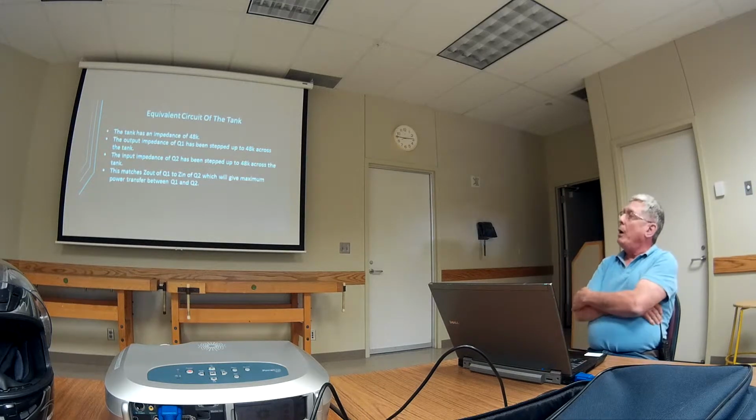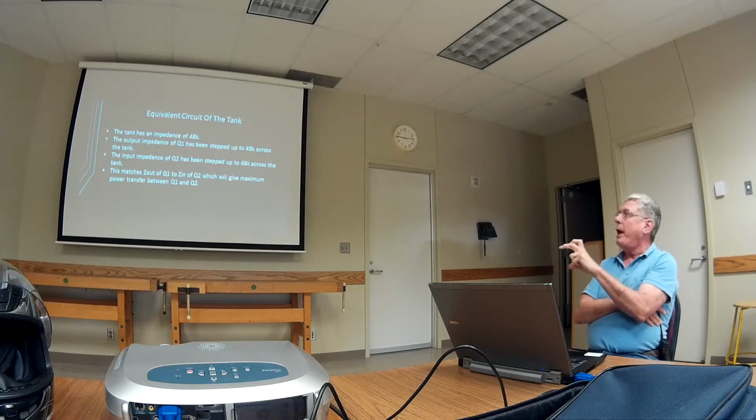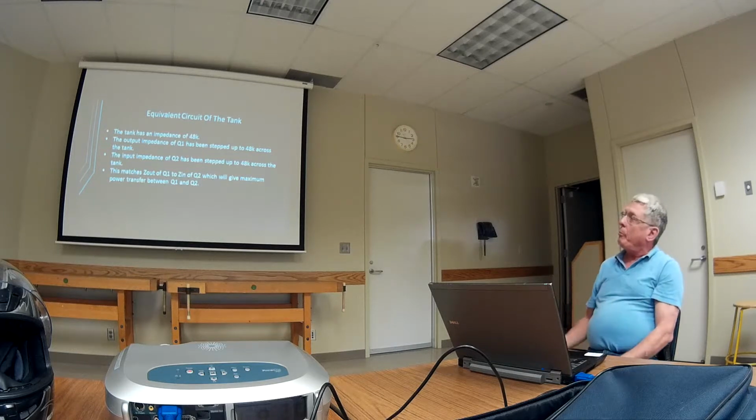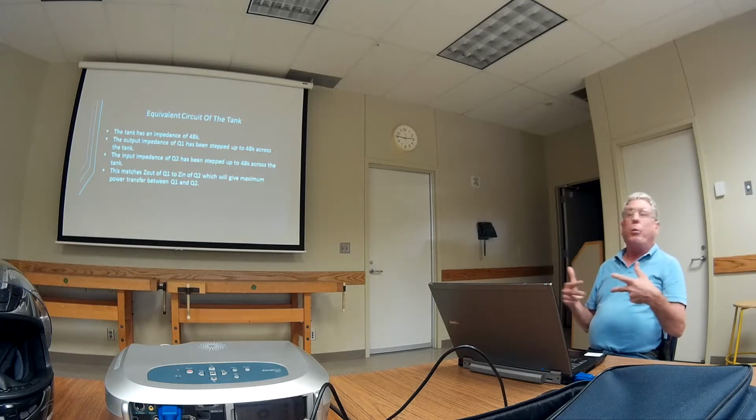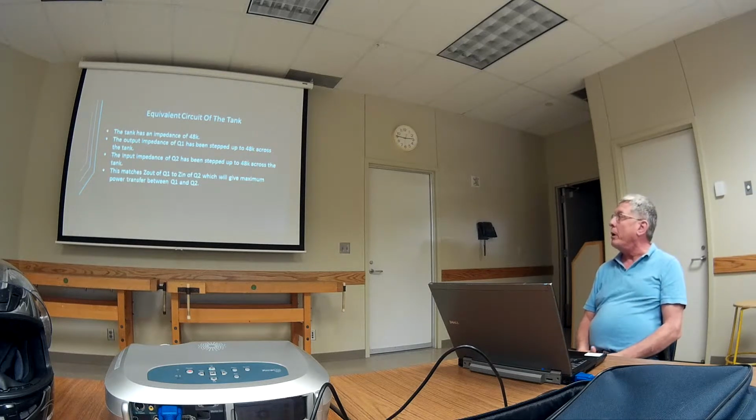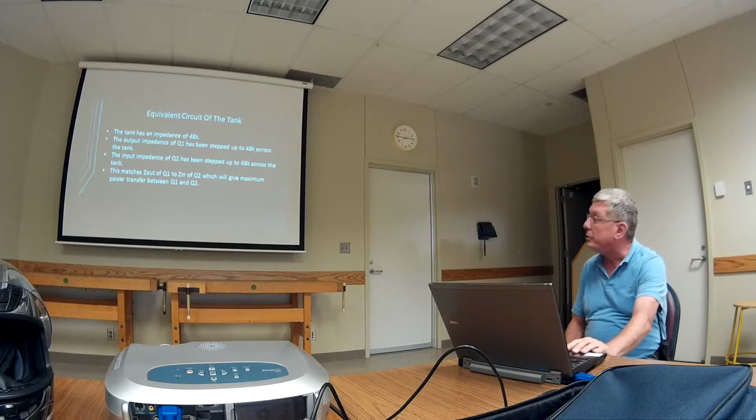So now you've got a tank that has an impedance of 48K due to its internal loss. The output impedance of Q1 has been stepped up to 48K across the tank. The input impedance of Q2 has been stepped up to 48K across the tank. This should match the output of Q1 to the input of Q2, which at least with BJTs will give you maximum power transfer between the two transistors.